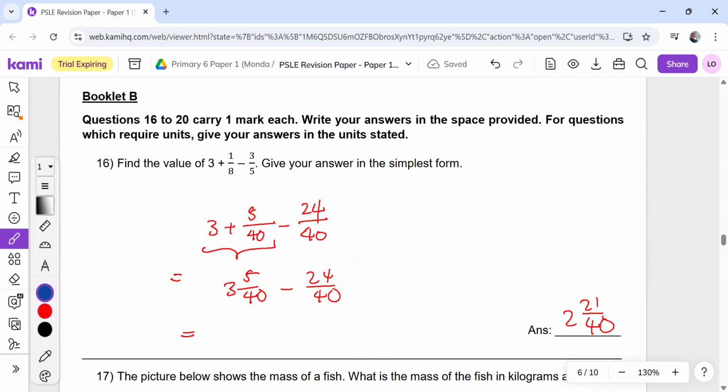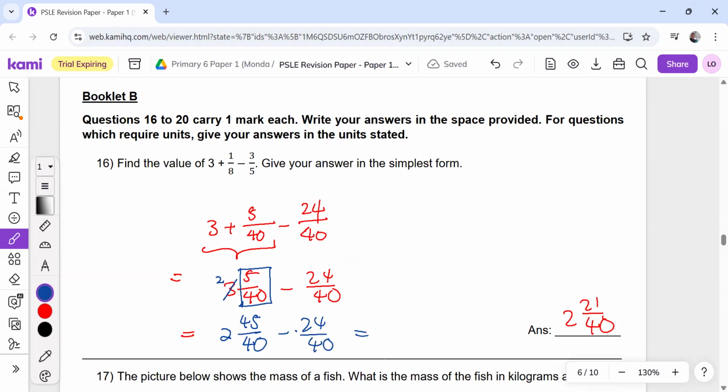So lesson here, borrow one whole, you have two wholes left. And then what happens when you borrow one whole? One whole becomes 40 over 40, plus 5 over 40, you get 45 over 40. Then you minus 24 over 40.